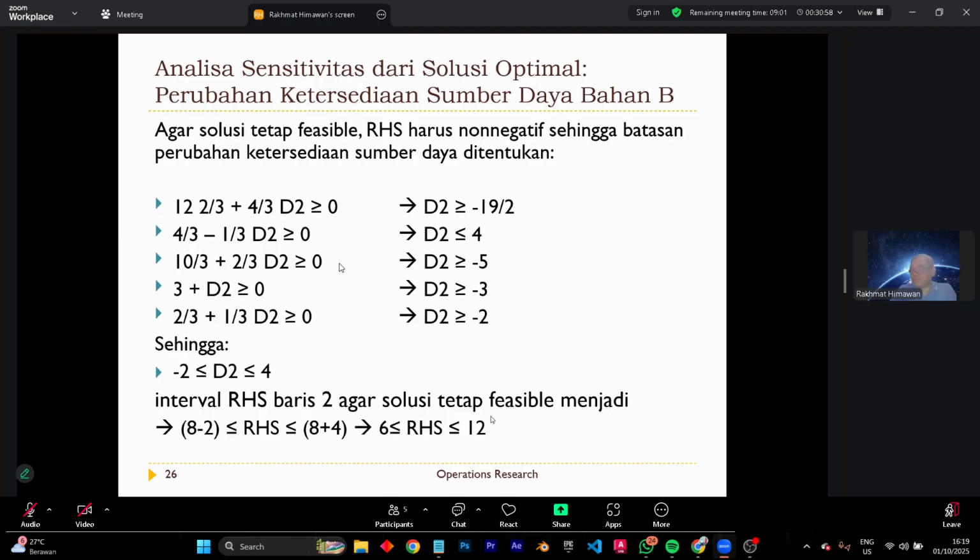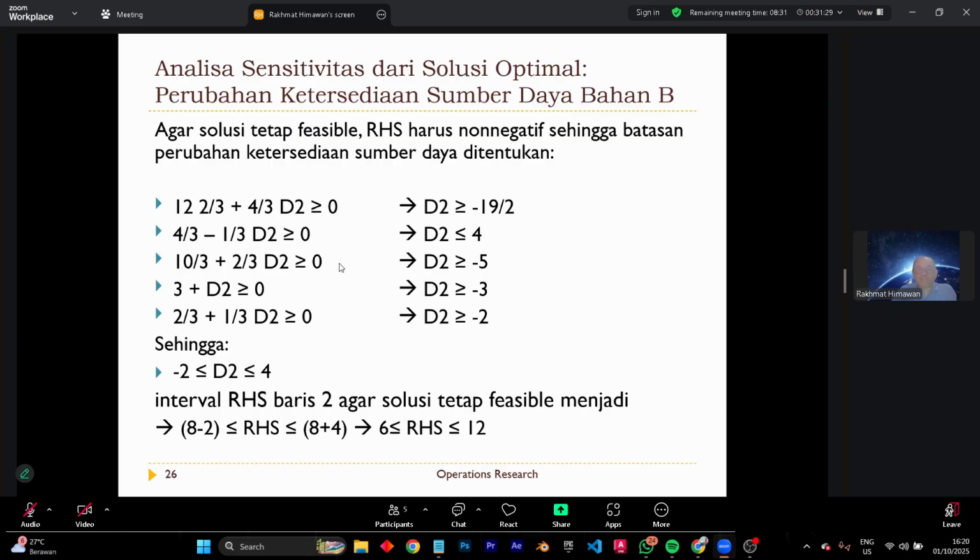There is no solution really. So this is the range of changing. Not just increasing, but decreasing is also important. Say, what if we increase this or reduce that? Or, okay, for next month we won't have 8 tons of raw material B. There is a problem with the supplier, so maybe next month we only have 6 probably.